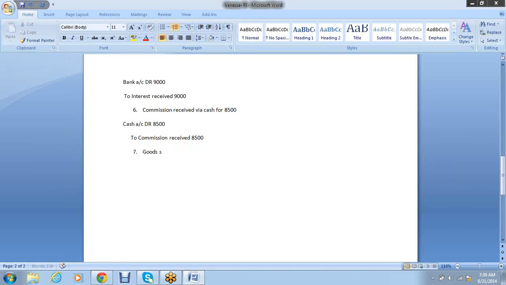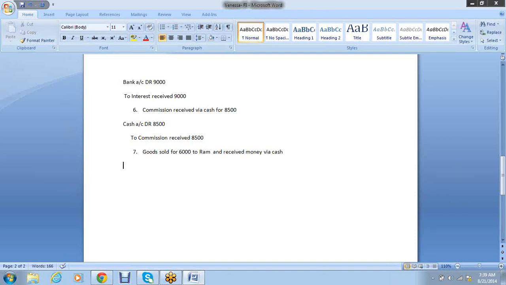Goods sold for rupees 6,000 to Ram on credit. Okay, let's say via cash. On credit we'll see later. Received money via cash.